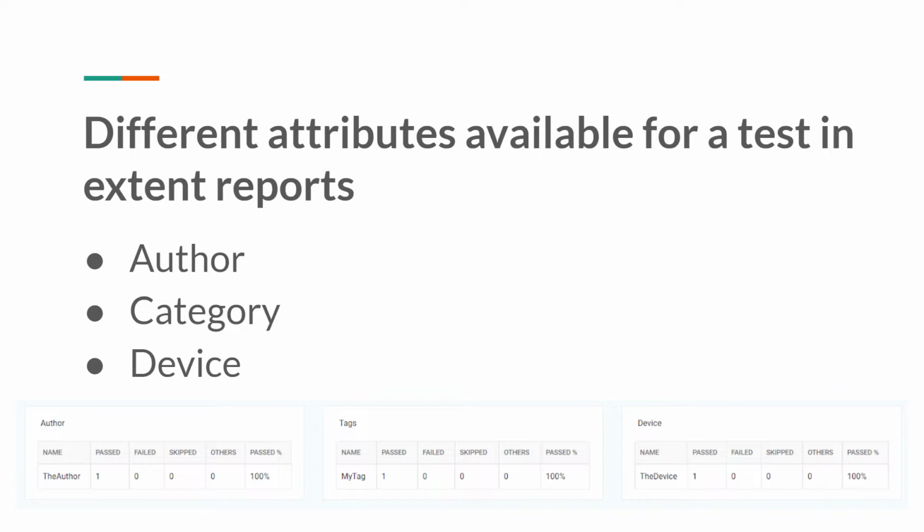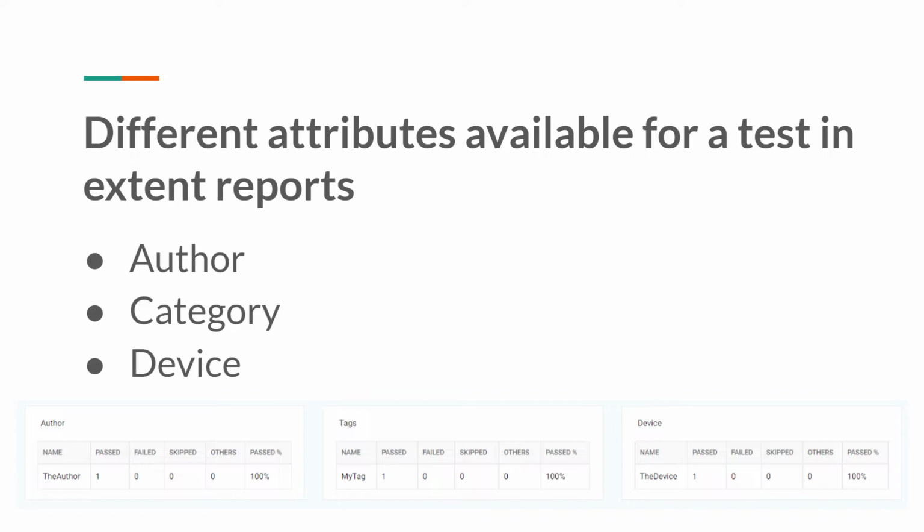If you want to execute any of your tests as part of any group, let's say you have divided your test cases into multiple groups like smoke, regression and sanity, and you are executing one or two groups, and you want to keep track of which test case is executed as part of which group, or maybe you want to filter your test case execution details based on the group name, then you need to log this category information into the reports.